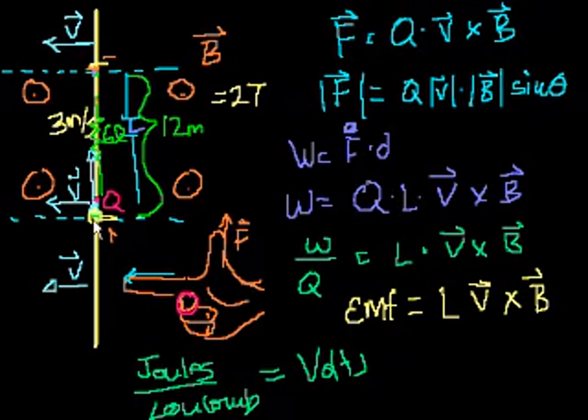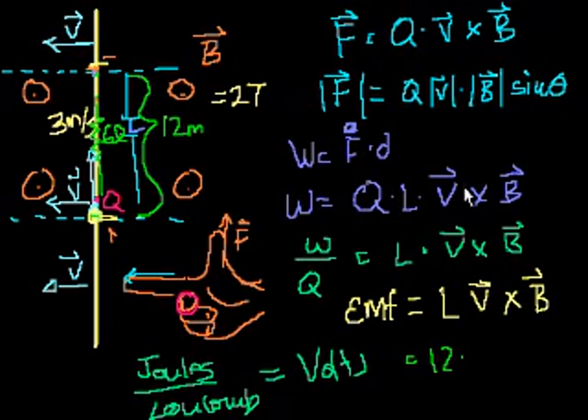So the EMF, the electromotive force put onto the wire by the magnetic field, is going to equal the length of the wire in the magnetic field, 12 meters, times, well, when we take the cross product, we know that the velocity is perpendicular to the magnetic field, so we don't have to worry about sine theta, because theta is already 90 degrees.